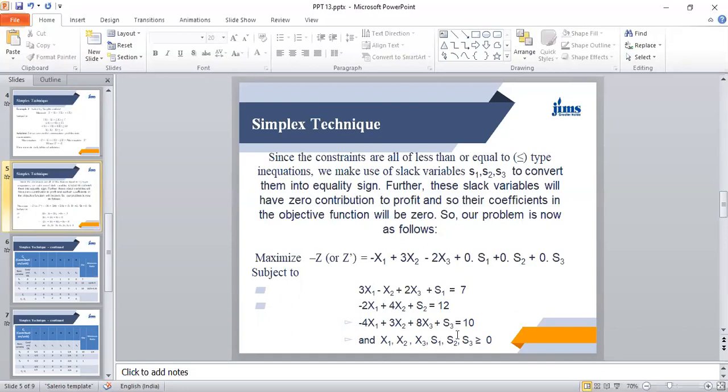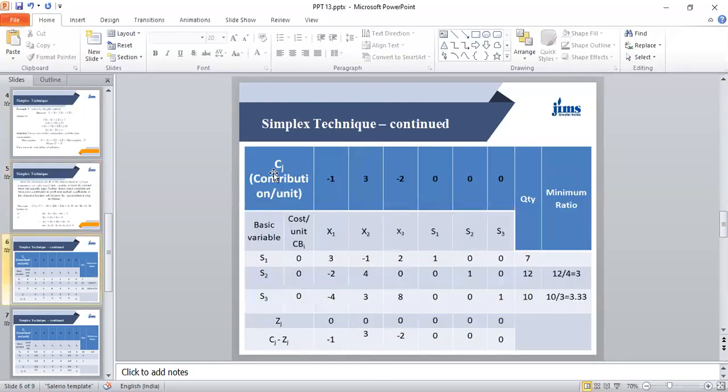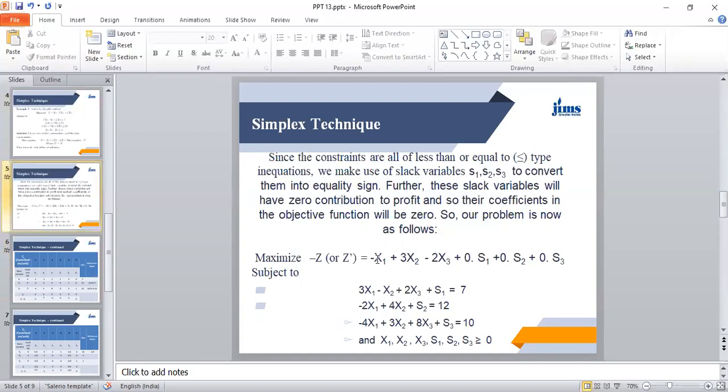Now we transfer these data into the simplex table. The first row is the contribution row. Here we write the coefficients of the variables in the objective function.